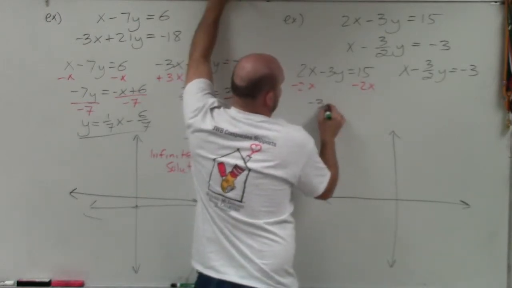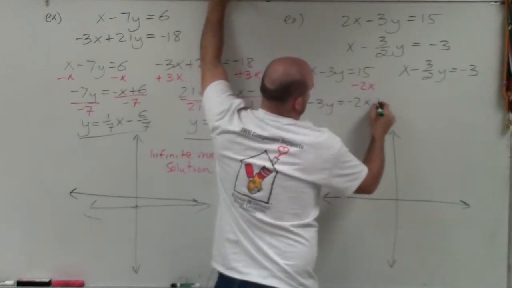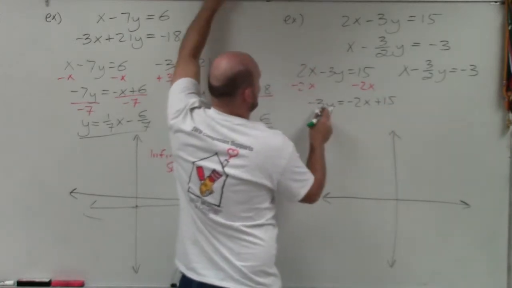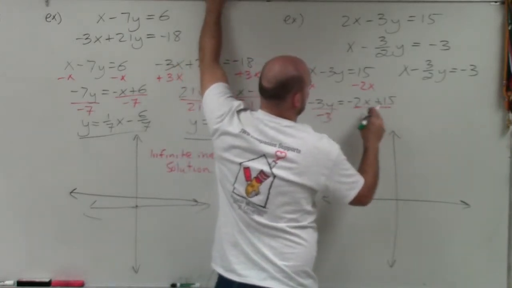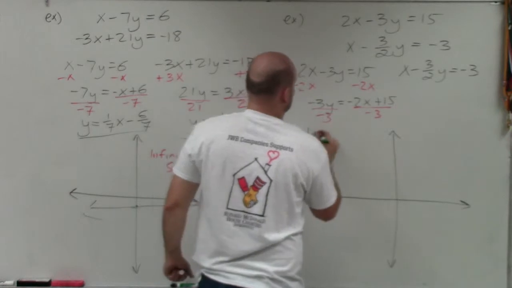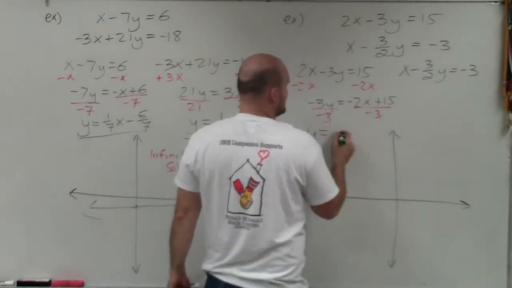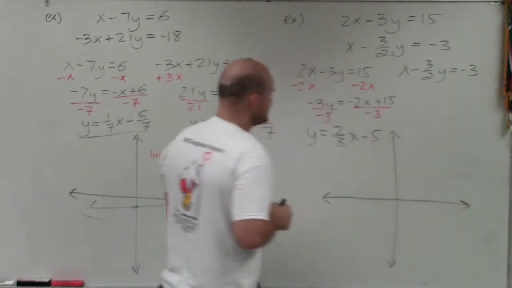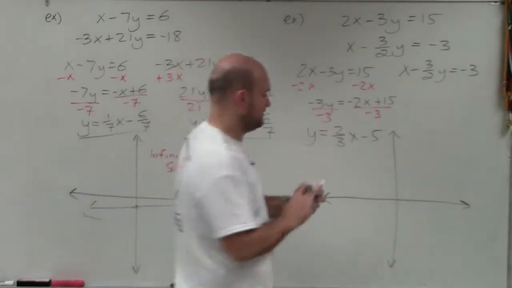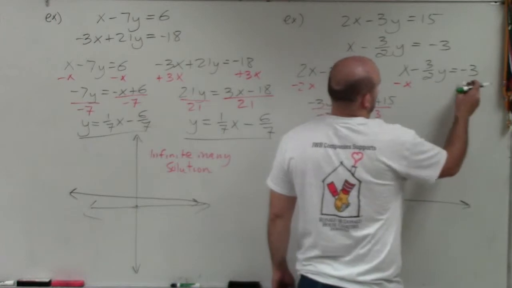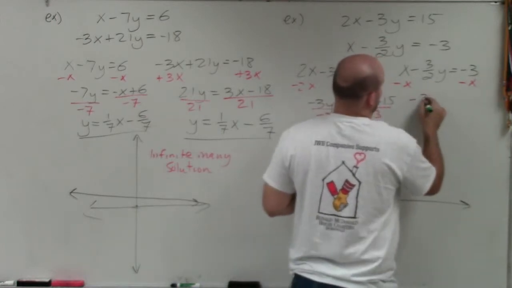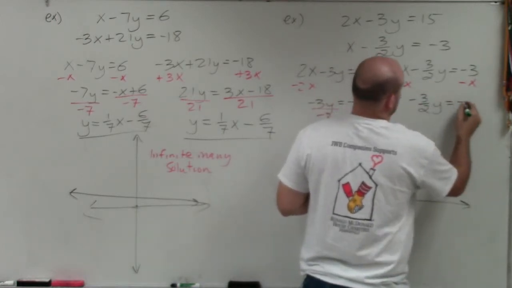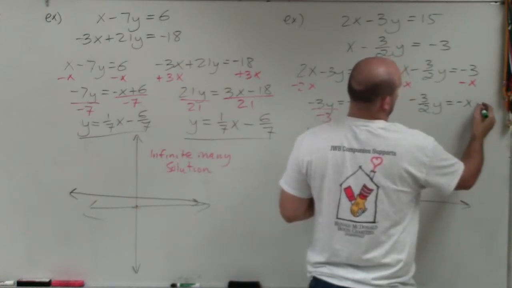So I have negative 3y equals negative 2x plus 15. Now I need to undo multiplying by negative 3. So I'm left with y equals a positive 2/3 x minus 5. Now for the other one, I'm going to subtract an x. So I have negative 3/2 y equals negative x minus 3.